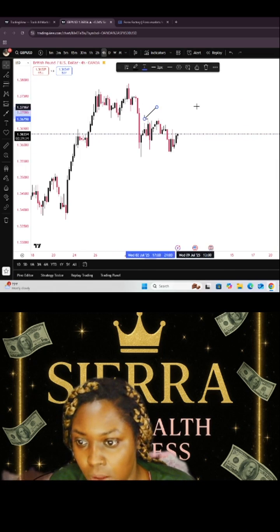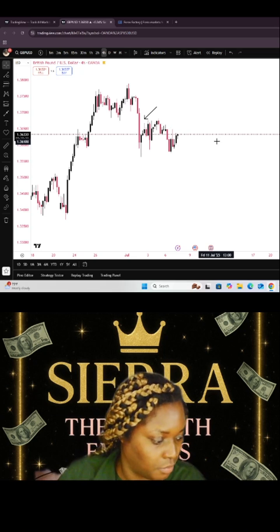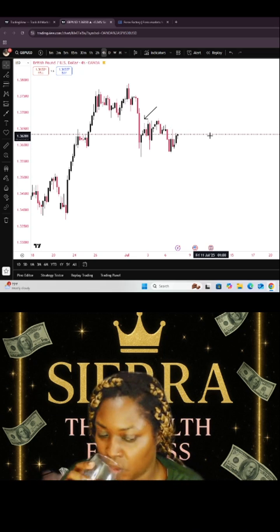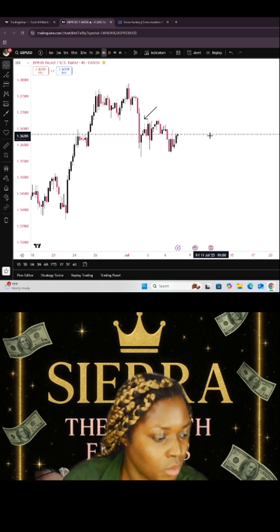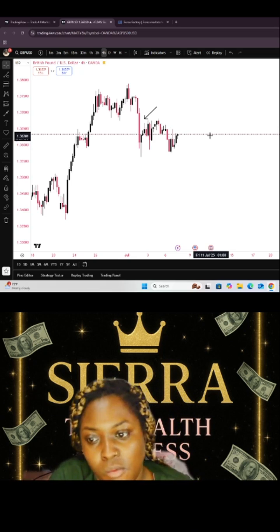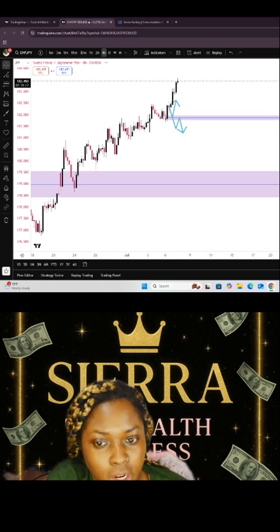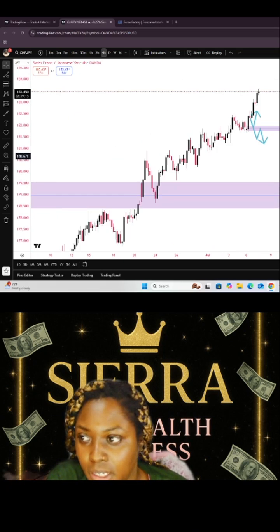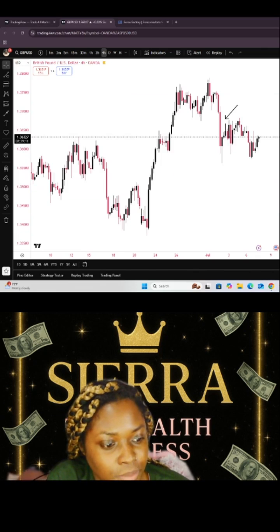What is this called? This area right here. And let me get y'all the options. Dang it, I deleted it. Why do I keep deleting stuff? So your options.